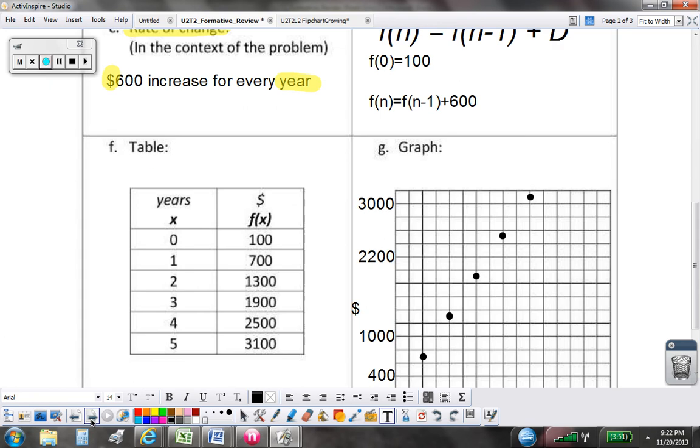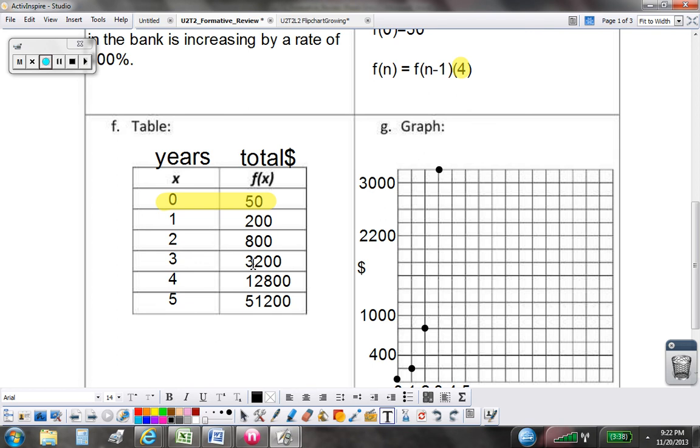You got 800. No, I'm sorry, 1300. So 3 years, 1900, 3200. So that's when Drake's investment surpasses Blake's investment.